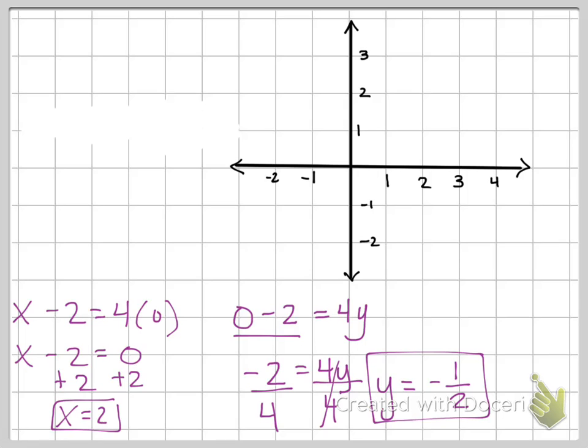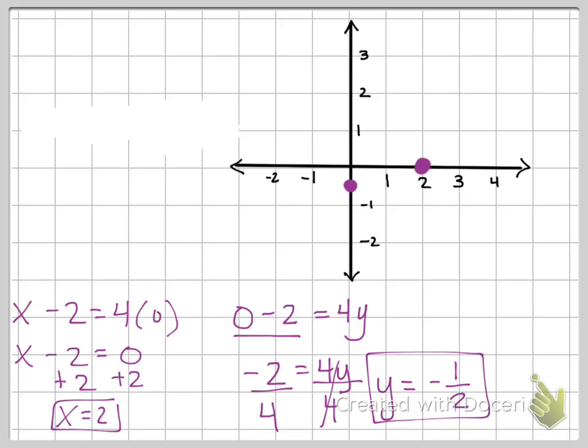separate point. Okay? So I'm going to go to my x-axis, and I'm going to put a point at positive 2. Then I'm going to go to my y-axis, and I'm going to go to negative 1/2. Where would negative 1/2 be on this graph, Cole? Between negative 1 and the middle of the graph.